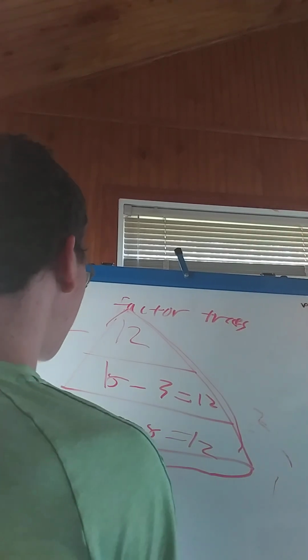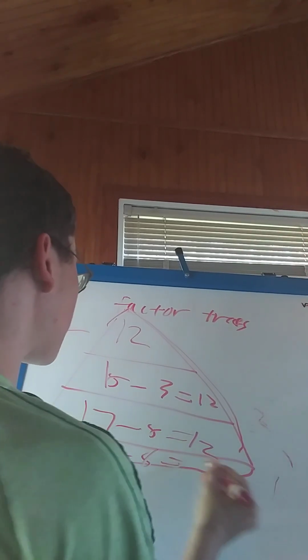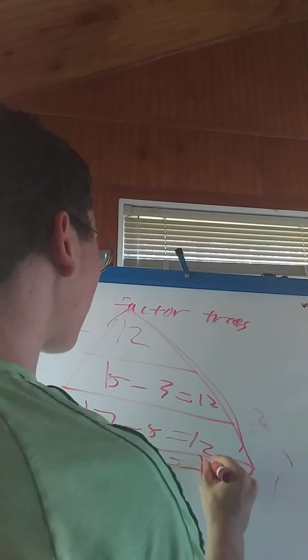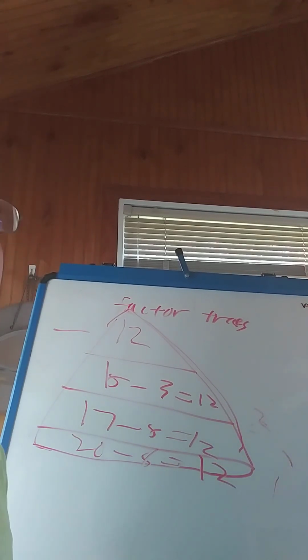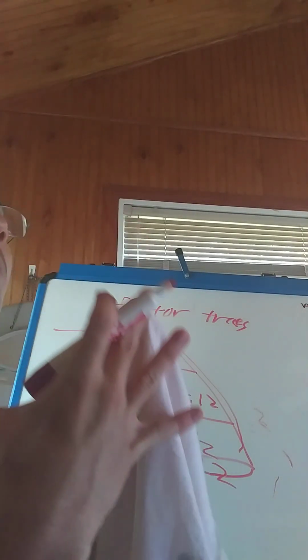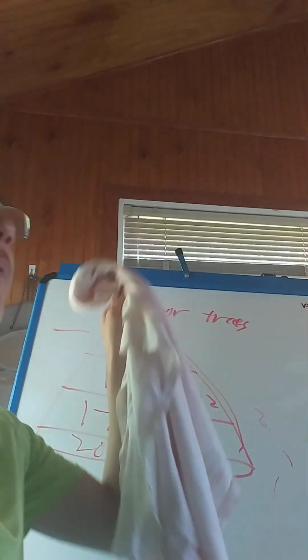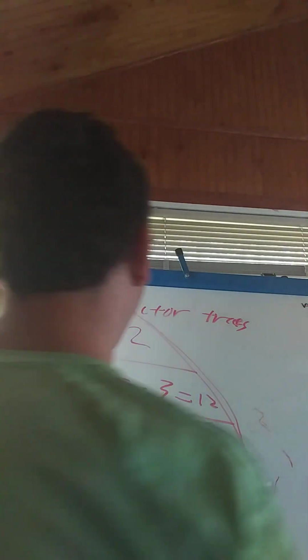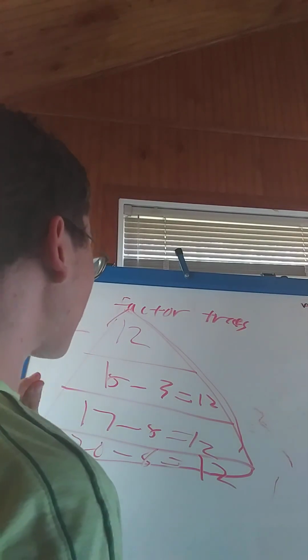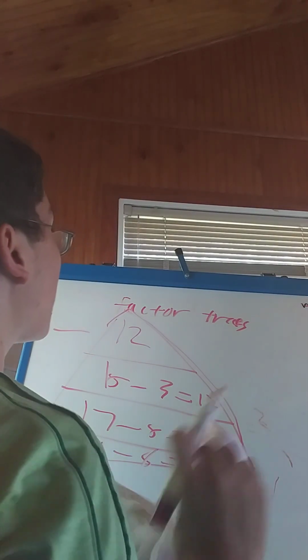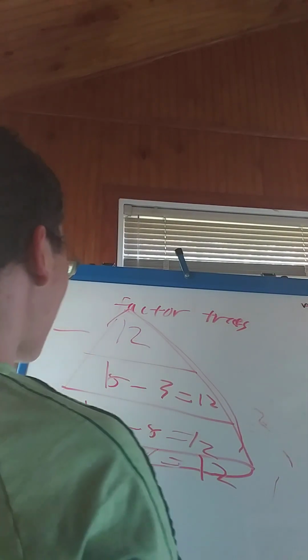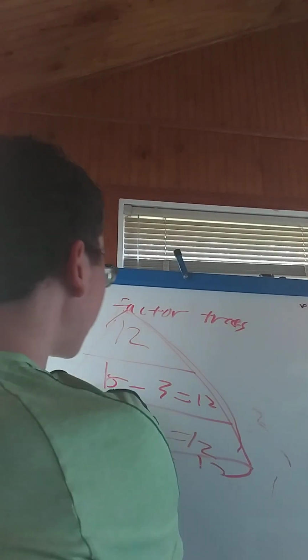Okay, 20 minus 8, that's a good amount of creativity. So that would equal 12. Try to think of the ones that are not very obvious. You can get creative. There's a lot of things that you could do. So 20 minus 8. Okay, so that's the subtraction.